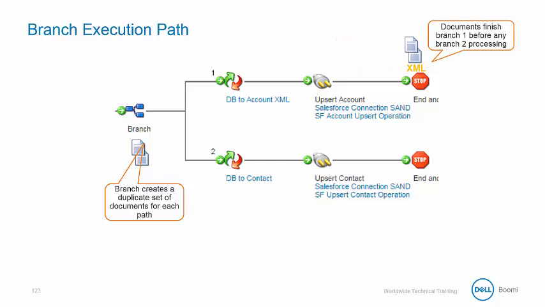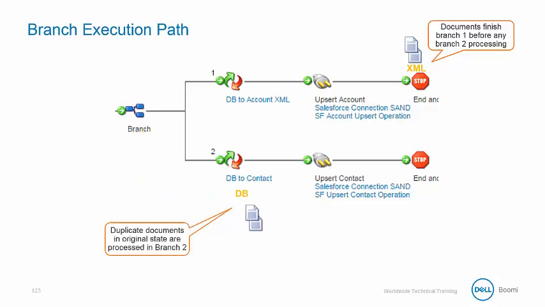And the documents which were retrieved from a database have been converted to XML and then upserted to Salesforce. Now that the documents down branch 1 have processed, those in branch 2 will now process. The duplicate documents are in their original state here in branch 2.